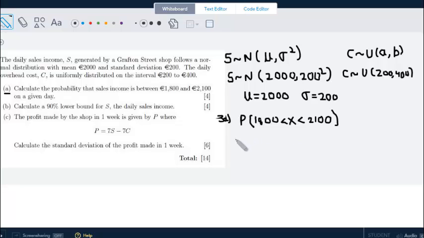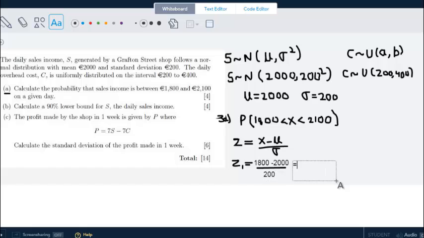Now the first thing which you need to calculate is the z value. Z is given by x minus mu upon sigma. You must be knowing this. So for each of these x values, you calculate the z values. So z1 for x equal to 1800 would be 1800 minus mu, which is 2000, upon sigma, the standard deviation, which is 200.